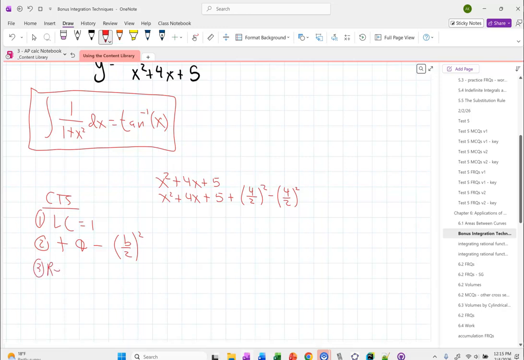And then our final step is to regroup and factor the perfect square. So those guys are going to be part of my perfect square. And then which other term is the third piece that I need?